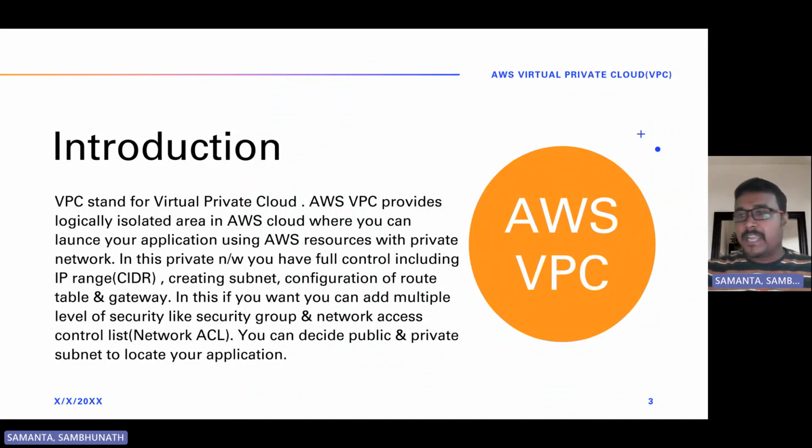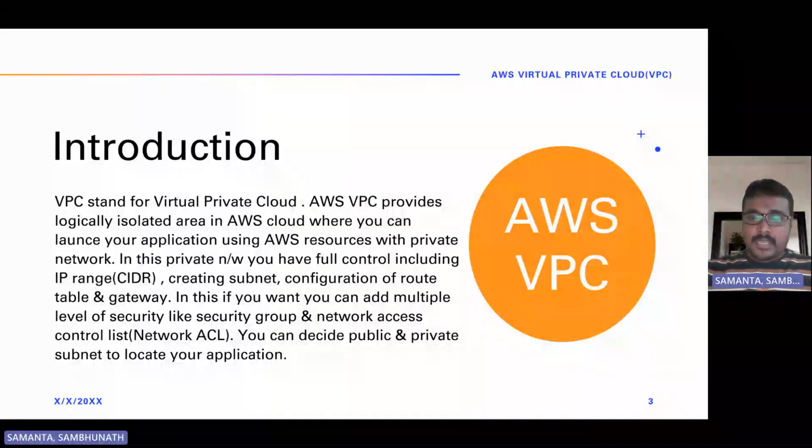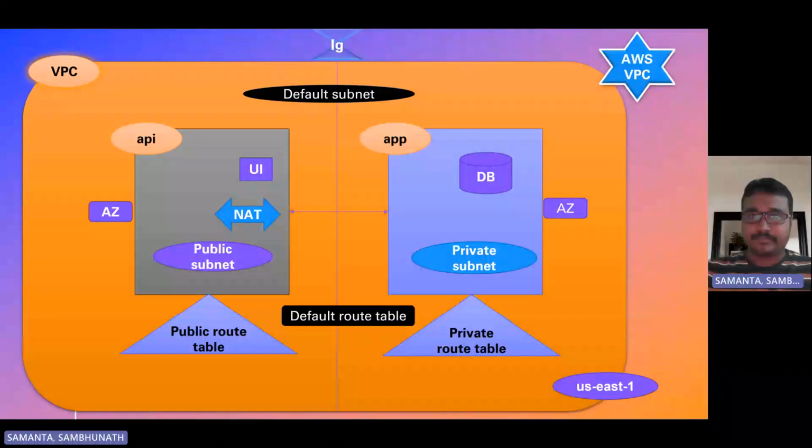But if you need your own private network that only you can manage, where you configure the IP range, the security group, the subnet, the NAT gateway, the internet gateway, all these things, then you can create your own VPC and work on it. Every control will be yours in this particular VPC, and for that we need a VPC.